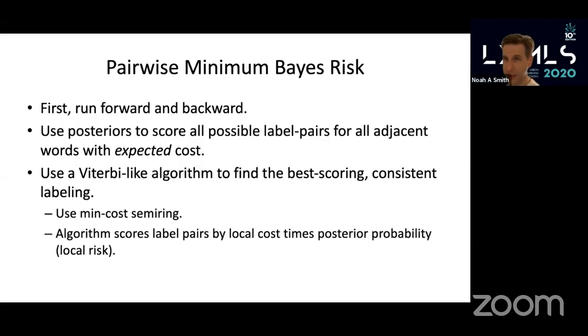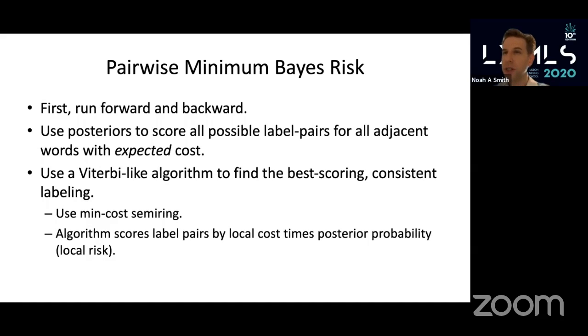So here's a total solution to pairwise minimum Bayes risk that puts together all the pieces from what we've learned. Here's how it works. First, you run forward and backward, and you get all the prefix and suffix marginal probabilities, the forward and backward probabilities. And then we use the posteriors to score all the possible label pairs for all the adjacent words with their expected cost.